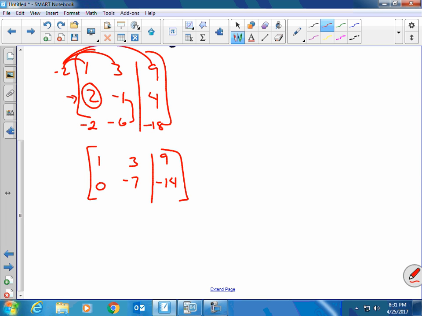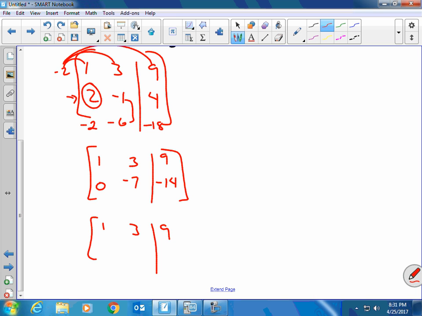Step 2, complete. Step 3, make the entry in row 2, column 2, a 1. Remember, to make an entry a 1, we divide everything in that row by itself. So leave the 1, 3, 9 alone.